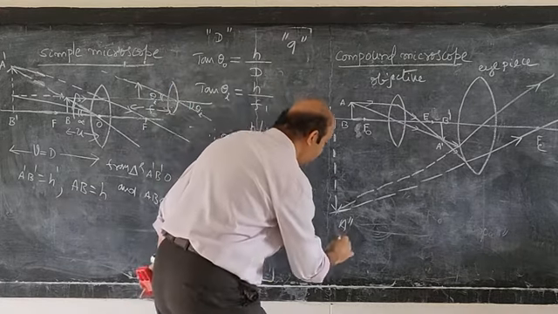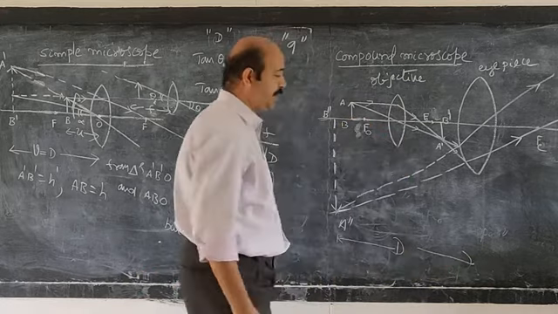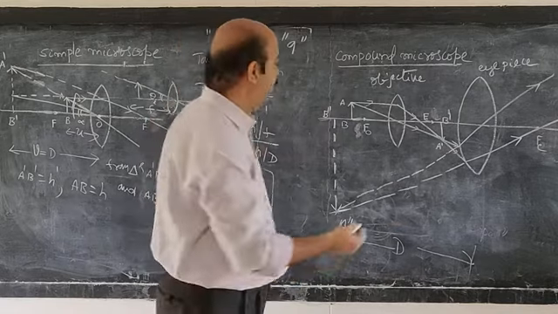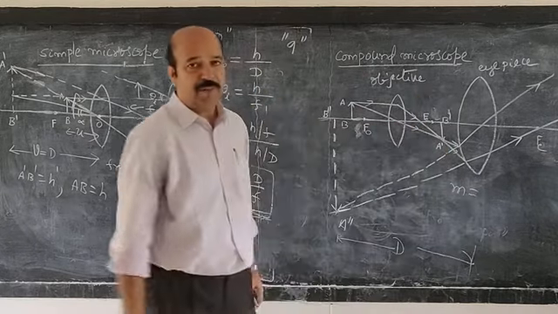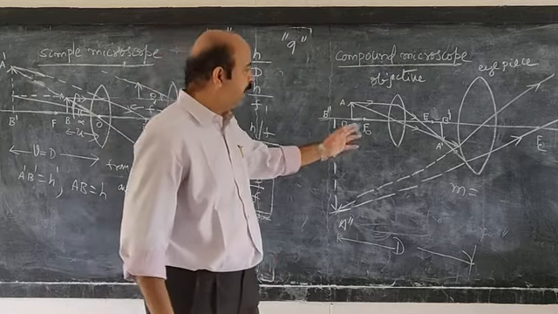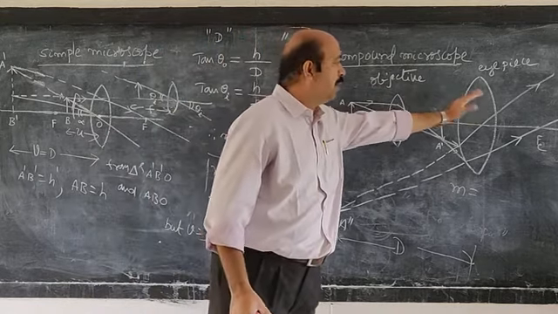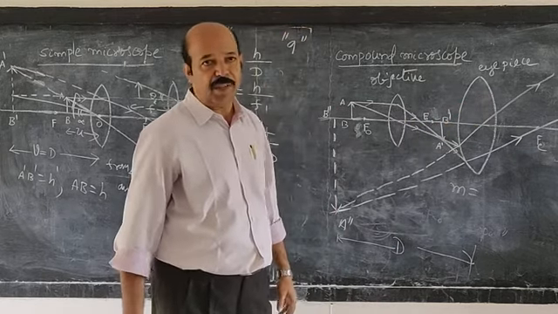Suppose the image is formed at the least distance of distinct vision, then what is the formula for magnification? In a combination of lenses, the image formed by one lens is further used as object by the other lens, and again an image is formed.